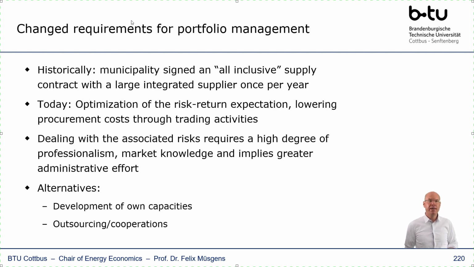What is done today is an optimization of the risk-return expectation, lowering procurement costs through trading activities. So being active on all these different markets, and we already highlighted the complexity just in the last video, just exemplary, just for the generation asset, marketing this optimally, operating this, maximizing revenues already necessitates very complex optimization software solutions.